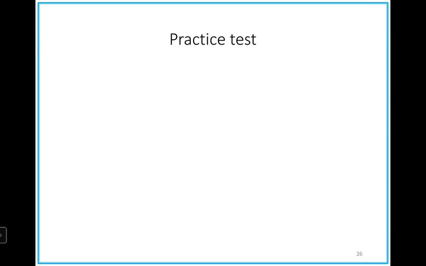So the answer for question 2A should be A squared plus 4A minus 45. Positive 9 times negative 5 is negative 45. And then when you multiply 9 times A, you get positive 9A. A times minus 5 is minus 5A. 9A plus minus 5A gives you 4A in the middle. So that should be A squared plus 4A minus 45.